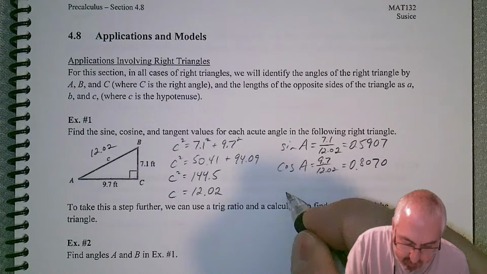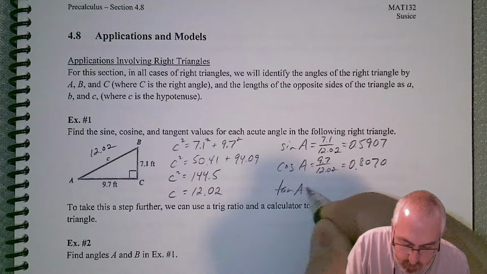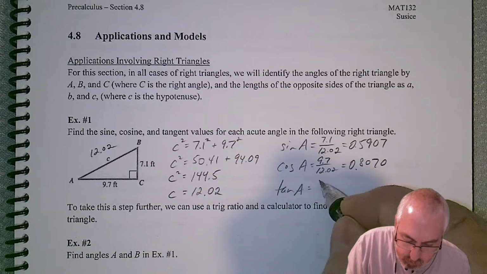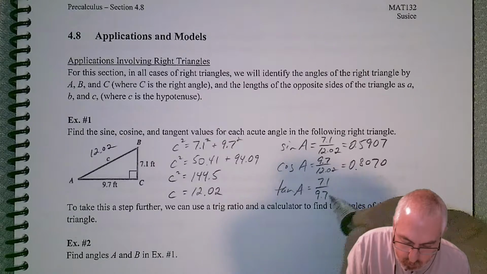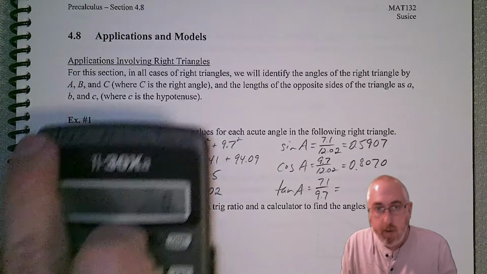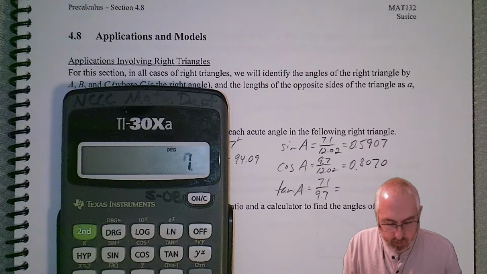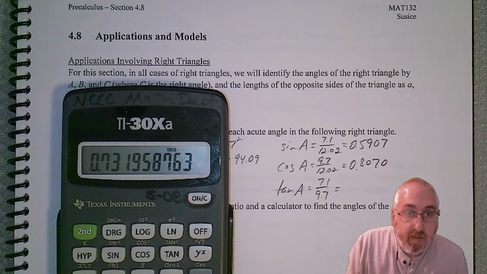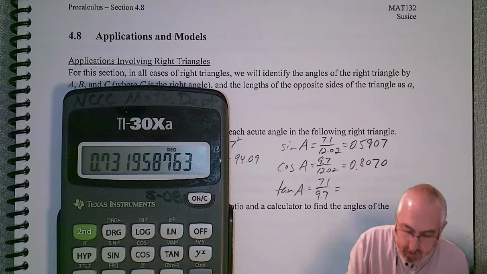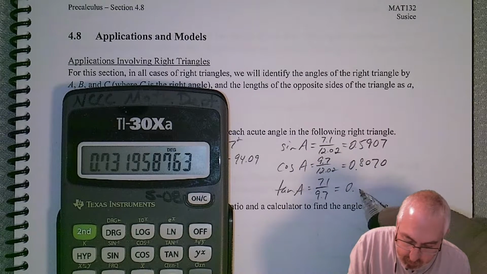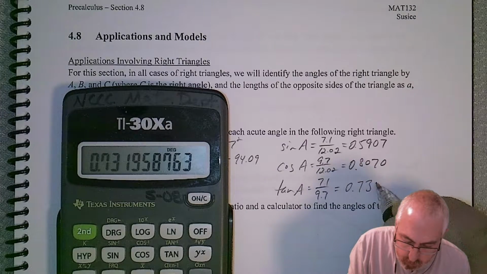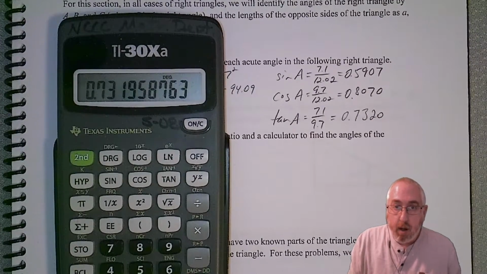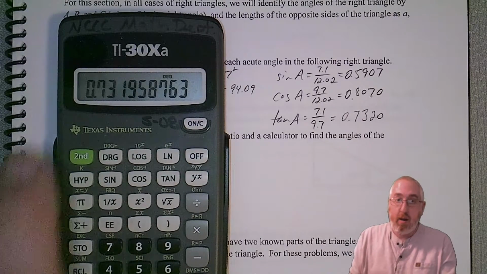And last but not least, the tangent. Tangent is opposite over adjacent, so 7.1 over 9.7. So 7.1 divided by 9.7. So 0.73195. Looks like we can round that to 0.7320. All right, so we have our sine, cosine, tangent for angle A.